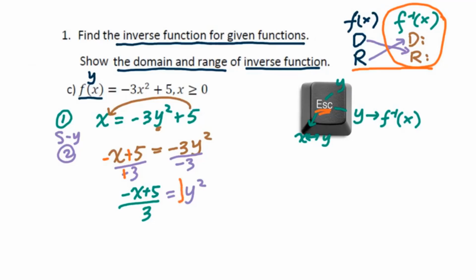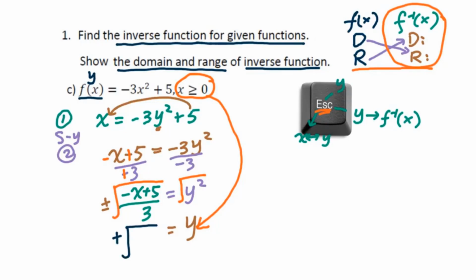Then we take the square root of both sides. Don't forget the plus or minus here. Since this y is basically the domain of the original function, because we switched x and y, and for this y they said greater than or equal to 0, that's the reason we only choose the positive here.